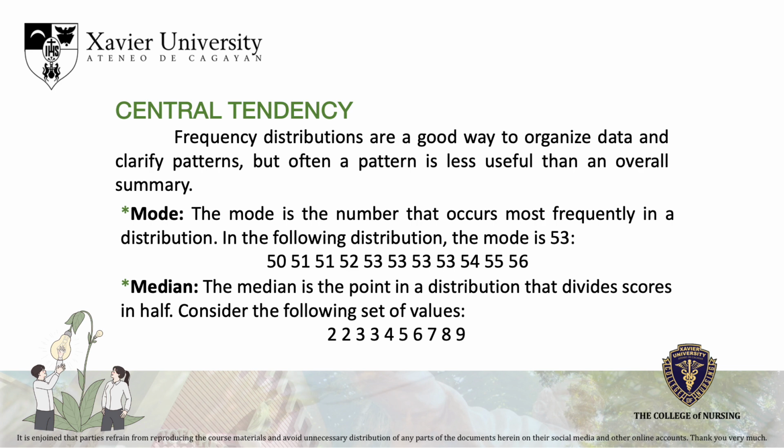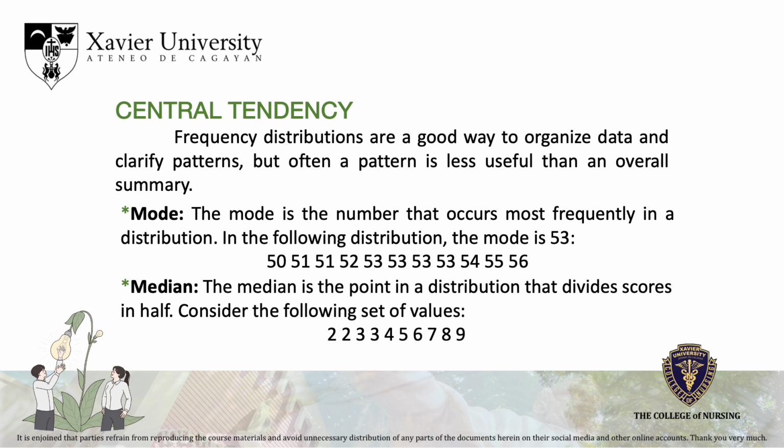Lay people use the term average to refer to central tendency, so they have the same meaning. But in research, we use the term central tendency, not average, because there are three indexes of central tendency: the mode, the median, and the mean.